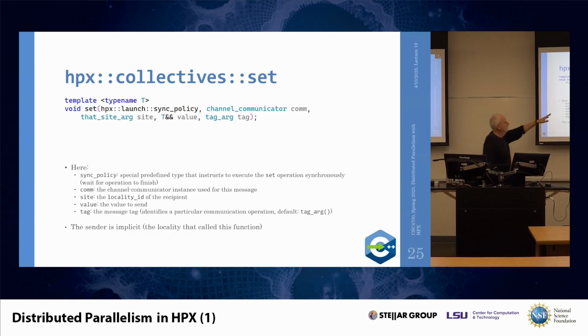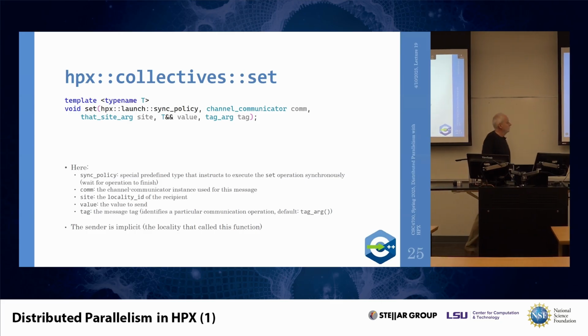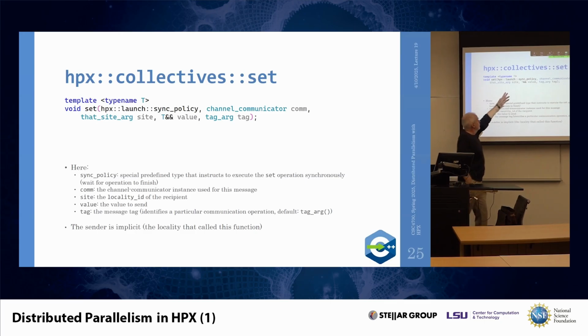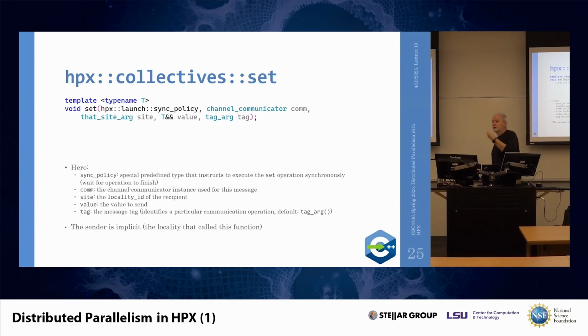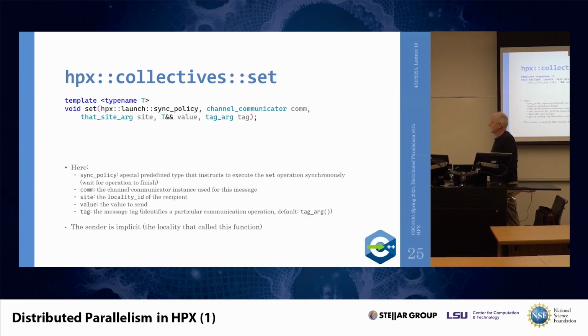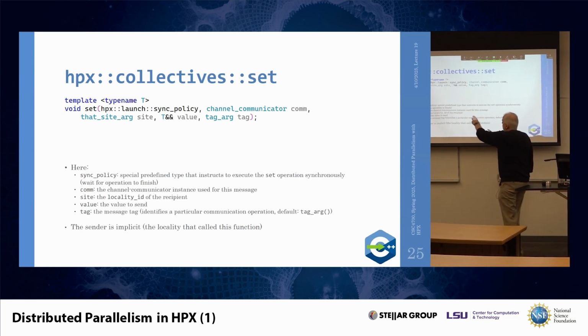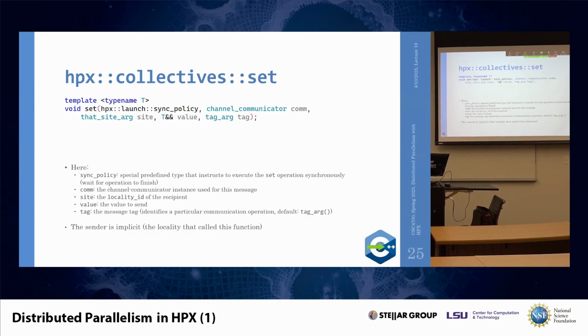You can leave that off. By default, it's 0. So in the simplest case, you might not need a tag. Obviously, the sender is implicit, right? The receiver is explicitly specified, and the sender is implicit by the locality that is calling set. So you don't have to specify where the data comes from, because you're calling set on a particular locality. This is the synchronous version, where you have to pass an additional first argument, which tells it to be synchronous.